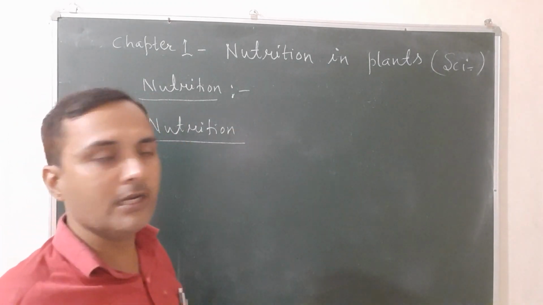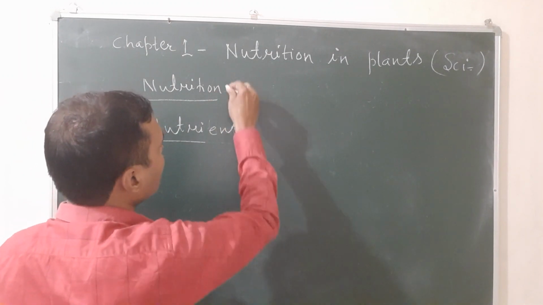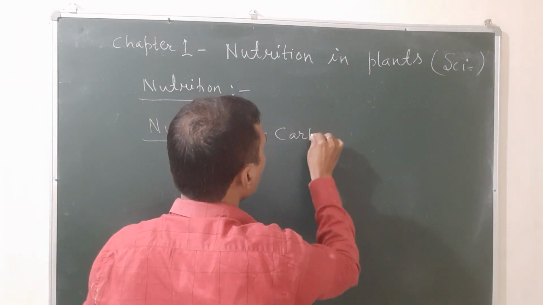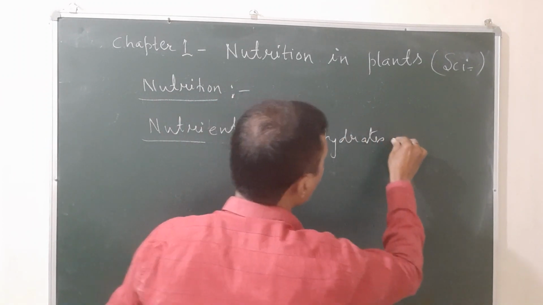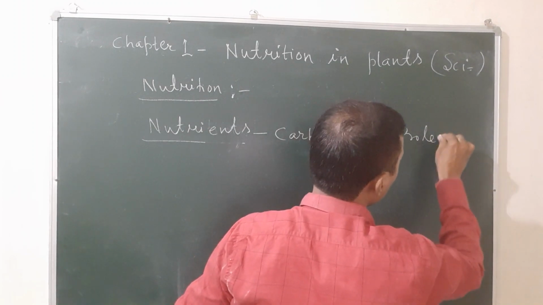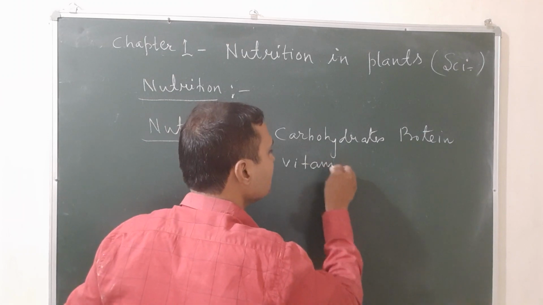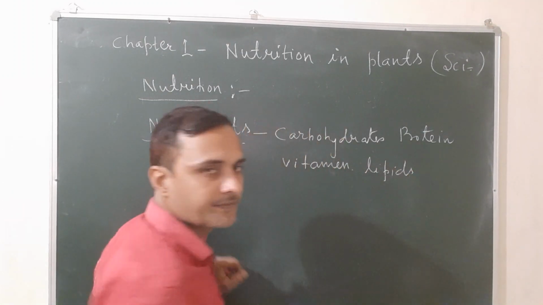And nutrients are the components that are taken during the process of nutrition. Examples of nutrients are carbohydrates, proteins, vitamins, lipids, etc.